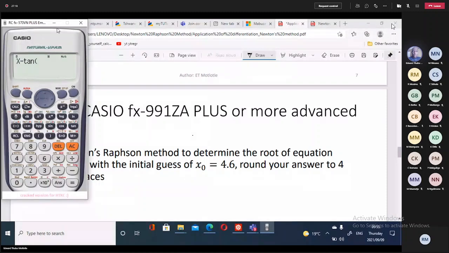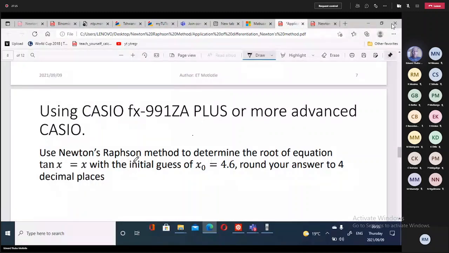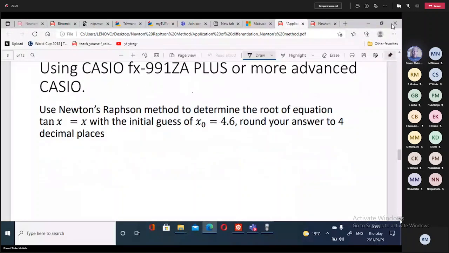Okay, I see. I need to derive something first, okay? It's okay. Because that one I was doing step by step. In this case, let's say we are given f(x) is equal to x minus tan x. F prime of x is equal to 1 minus sec squared x.